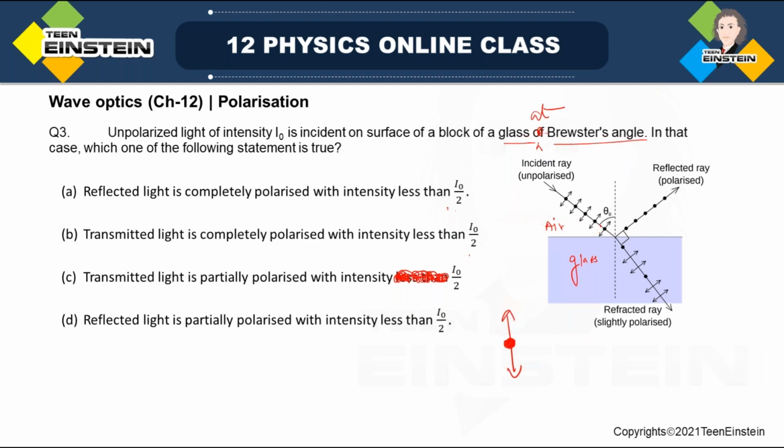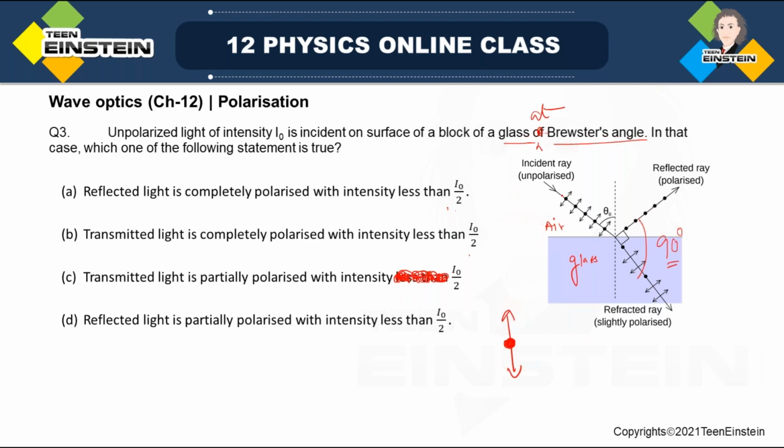Brewster's angle is such an angle of incidence when the reflected ray and refracted ray will be at a 90-degree angle. So this is the speciality of Brewster's angle.